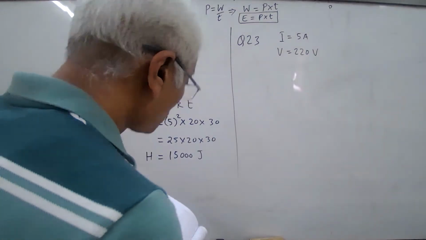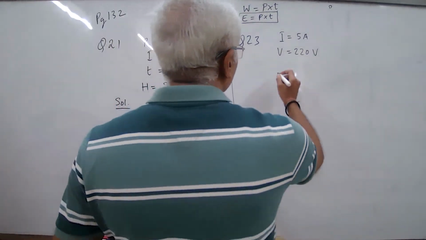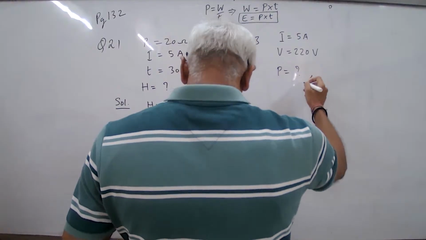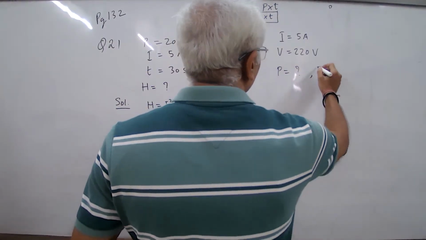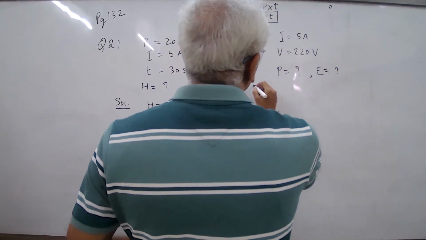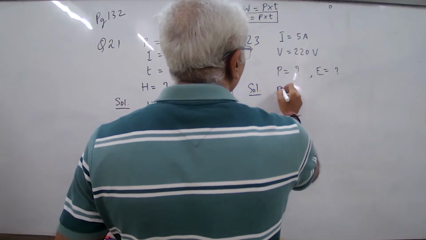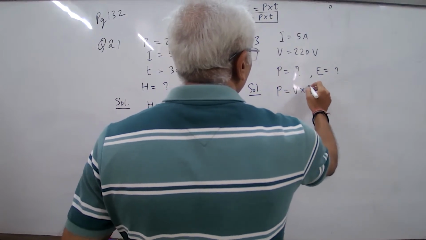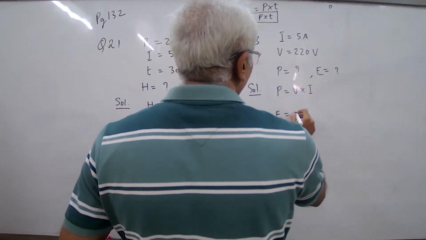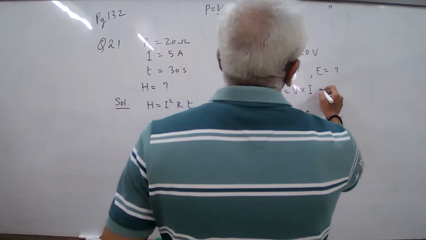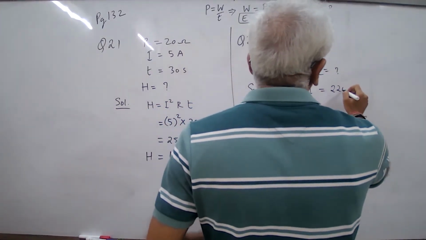So what is power then? VI. Then we have energy. So E is equal to V into I, and E is equal to P into T. This is 220 into 5.